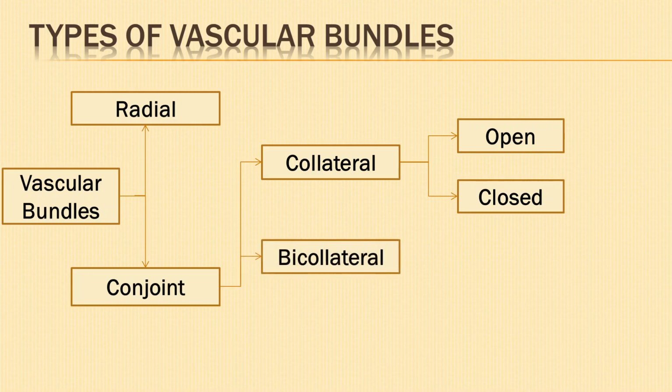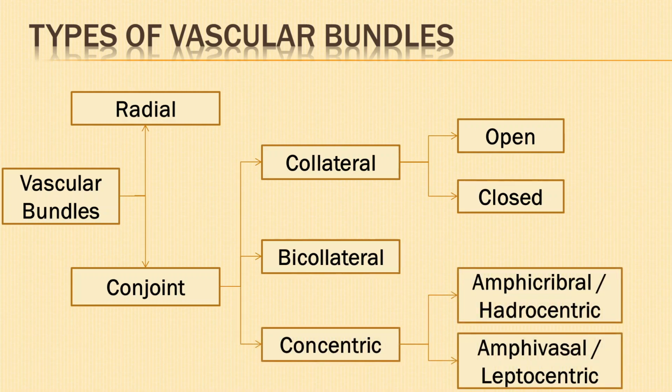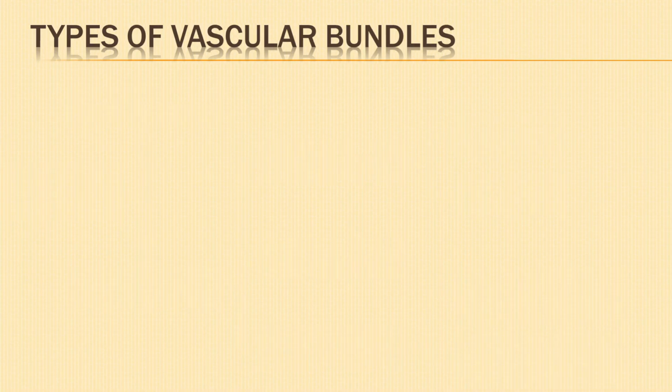Next is bicollateral vascular bundle. And third is concentric vascular bundle, which may be amphicribal or hadrocentric and amphivasal or leptocentric. Let us learn about the different types of vascular bundles with the help of diagram.